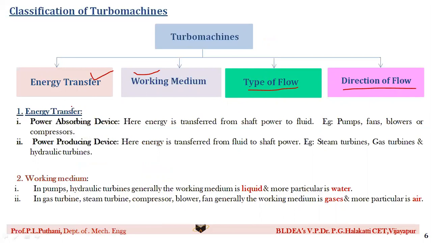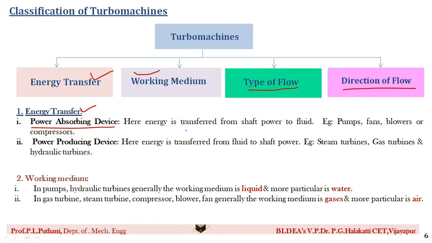In that, the first factor which we will be seeing right now is the energy transfer. As I was telling you, either there should be an energy output or there should be an energy input. If there is an energy input, or if the work is being absorbed, we call those machines power absorbing machines or power absorbing devices.